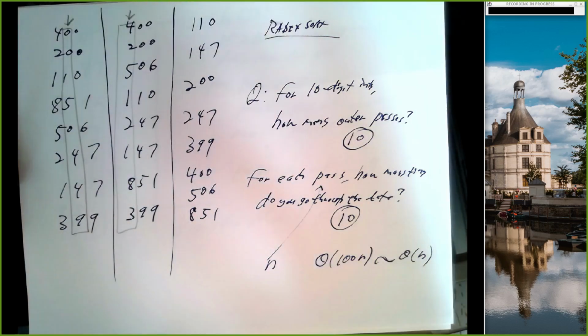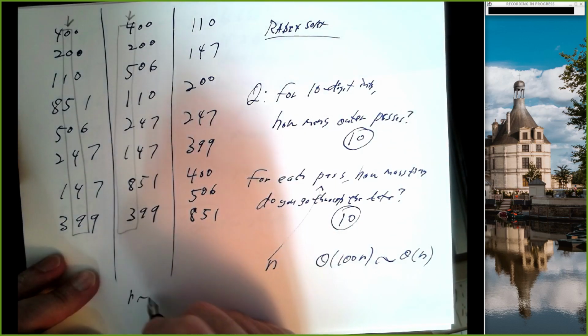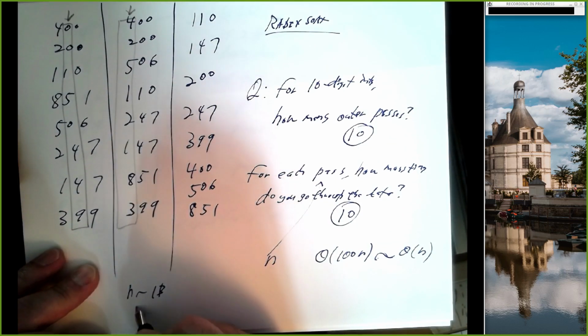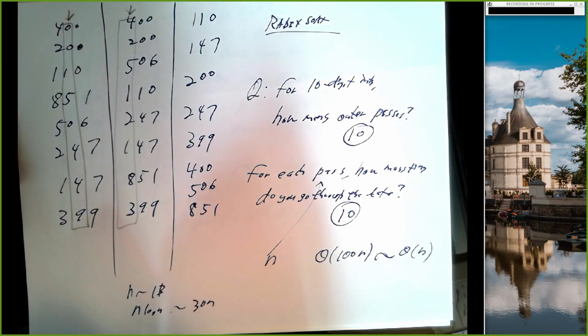If we have 10-digit numbers, that gets us up to a billion, a few billion, right? If we have 32-bit integers, and those integers are 10 digits, we know that our n is on the order of a billion, which means n log n is on the order of 30n.